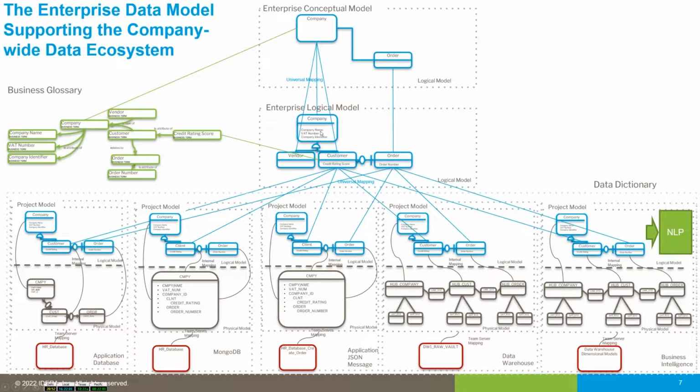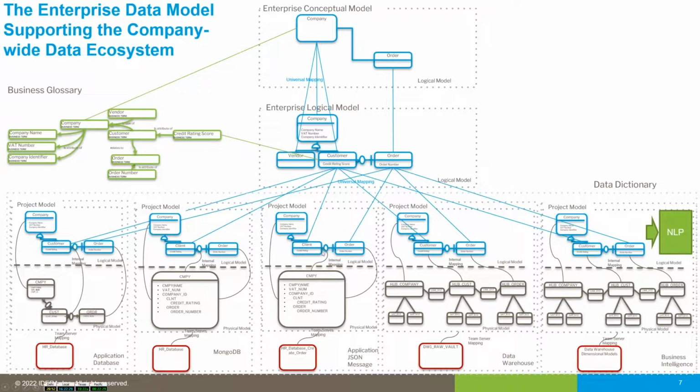And then we can come back down through the gears. Now, as usual, if we're designing a database, we can use our enterprise logical model. So we might say, for this project, I want customer and order information. So I'll select these two entities, use compare merge to copy them into a new project's logical model. I can then perhaps tweak the logical model a little bit specifically for the purposes of this project, or keep it vanilla.